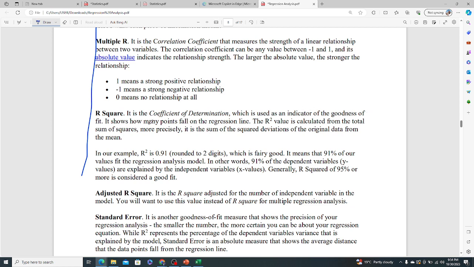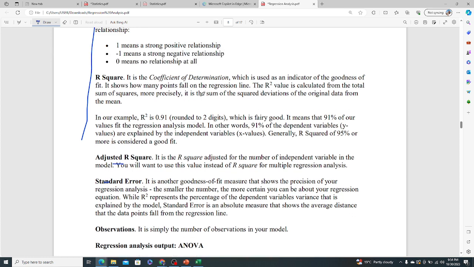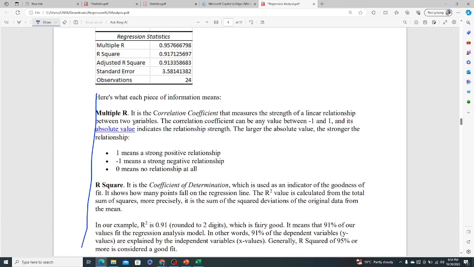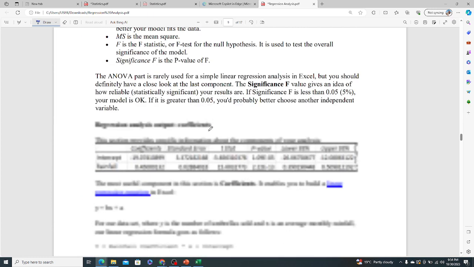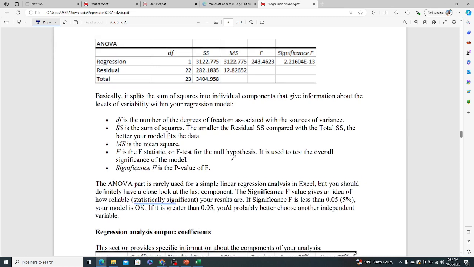There is somewhere where we have the confidence interval. It's one of these: error term, goodness of fit, R squared, statistical significance.